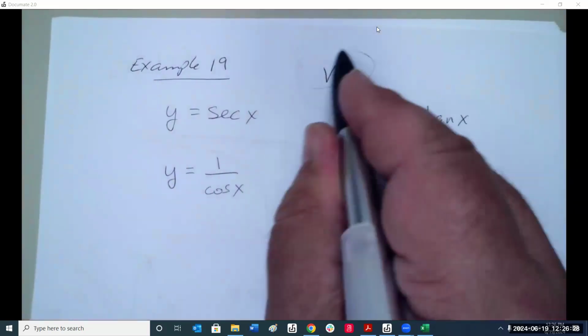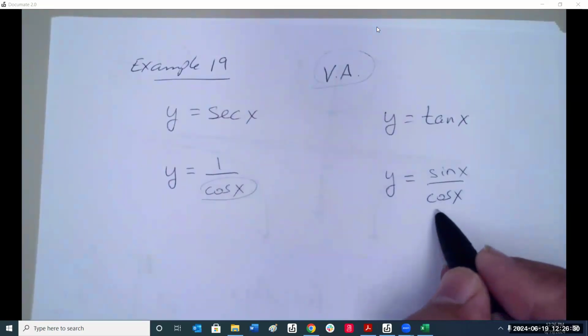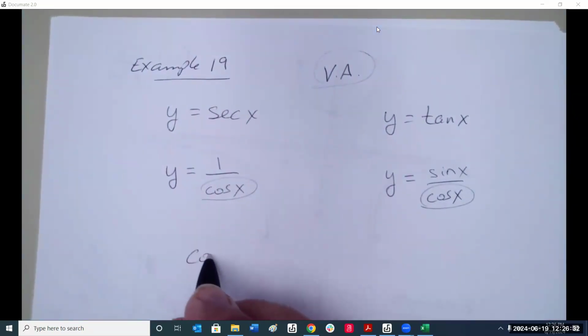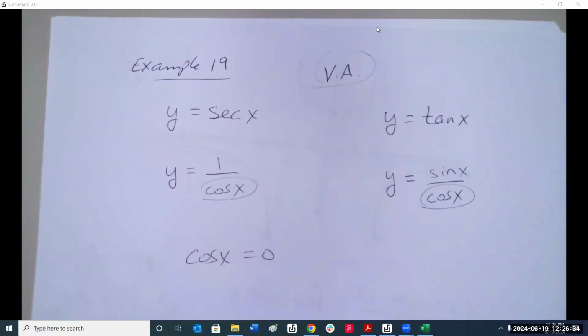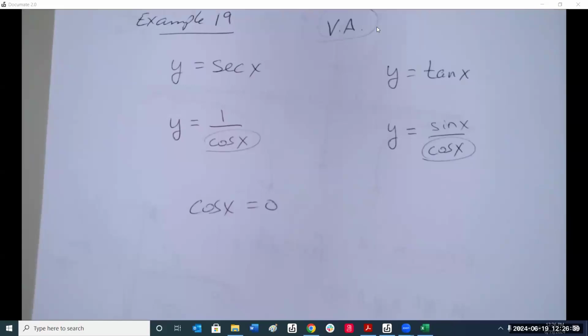Because the vertical asymptotes are wherever the cosine x equals 0. Where does cosine x equal 0?